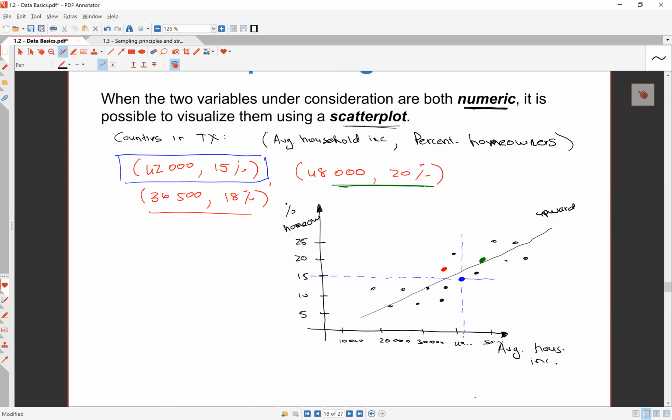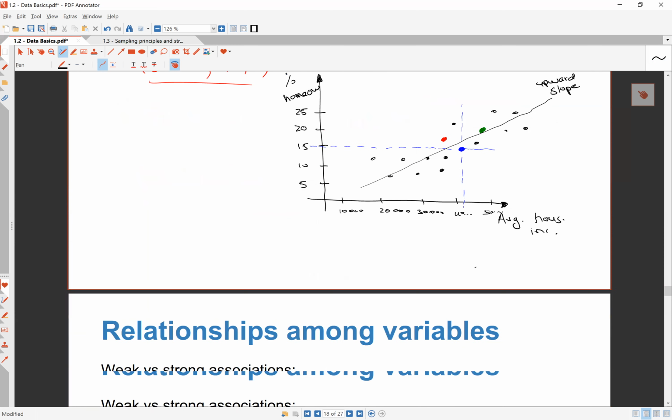And that's one example of what a relationship or an association can look like. But we wouldn't have been able to see that just from the data points. We had to go and visualize them in an appropriate way to see that.